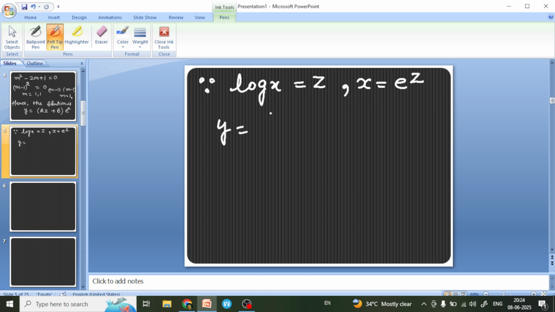So y is equal to [a log x plus b] x. This is your answer. Thus we can solve linear equation with variable coefficient.